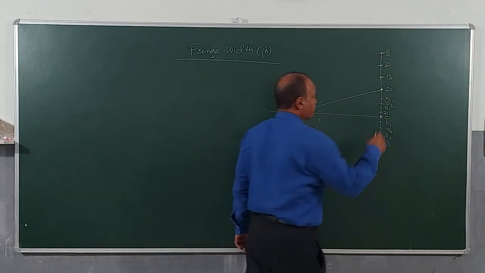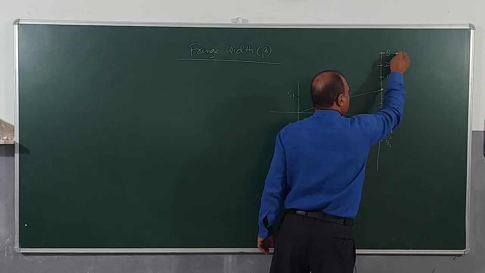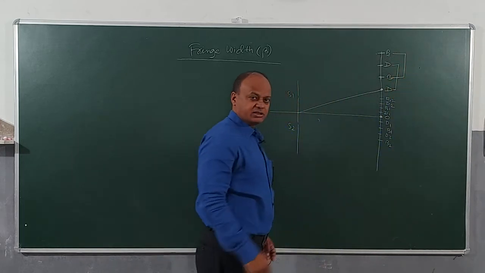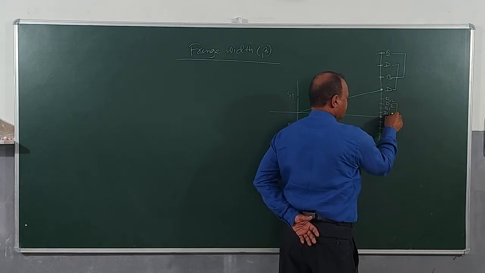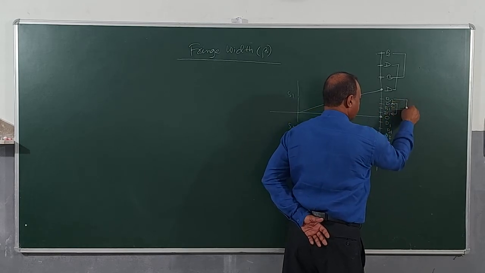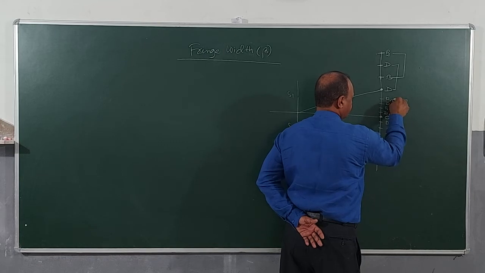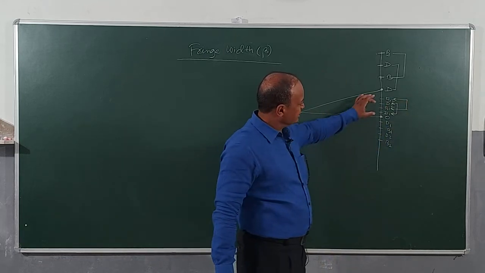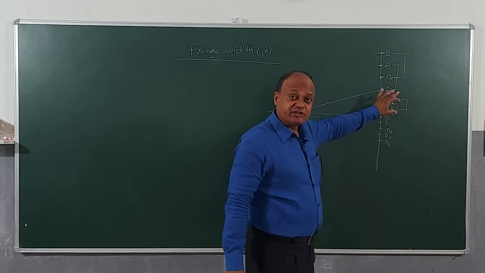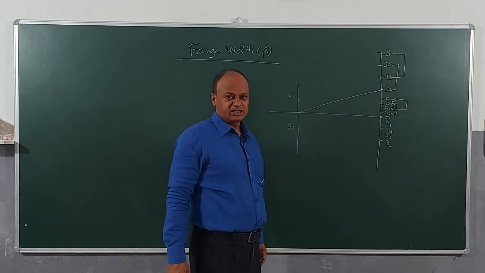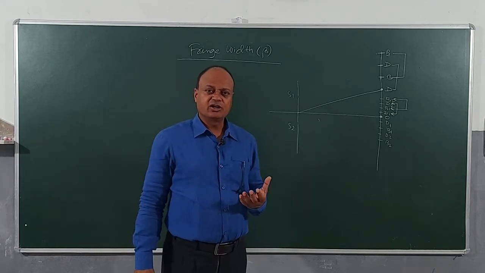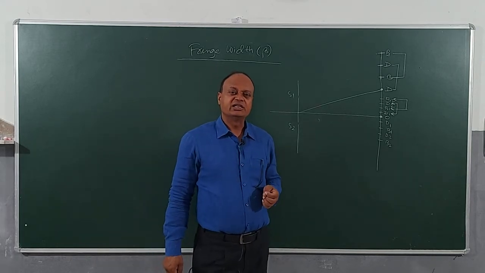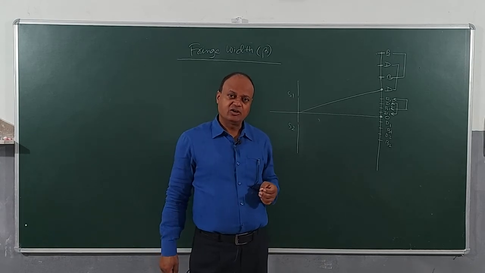Now, if I take any two consecutive dark fringes or any two consecutive bright fringes, for example, if I take two consecutive dark fringes D1 and D2, or if I consider two bright fringes B1 and B2, then the distance is called fringe width or fringe spacing. Clear? So, distance between any two consecutive dark fringes or any two consecutive bright fringes is known as fringe width or fringe spacing.